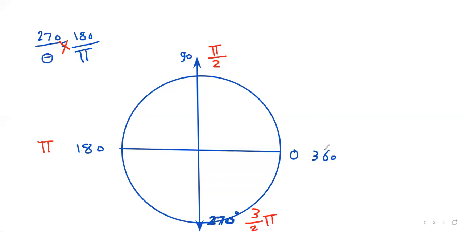And 360, you know 360 will be 2 pi. Take a screenshot. This is the angle in degrees, and at the moment the angle in radian. Take a screenshot quickly.